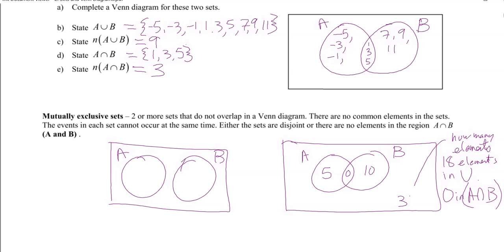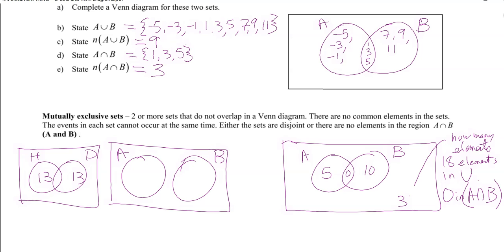So either they're disjoint, they're just two totally separate circles, right? Like we drew one, I think we had hearts and we had something else, diamonds or something. So hearts and diamonds would be two circles where there's no overlap. If you did draw them overlapping, so let's say I did hearts, diamonds, and we had how many, it would look like that.